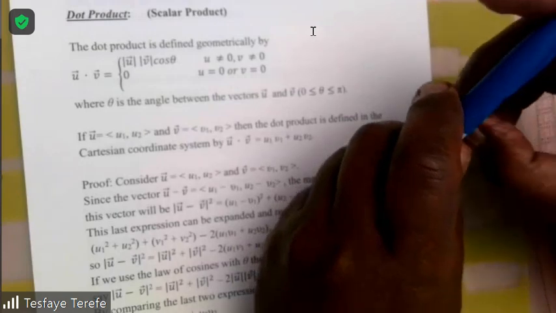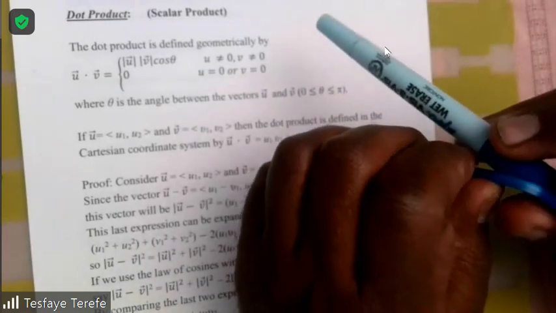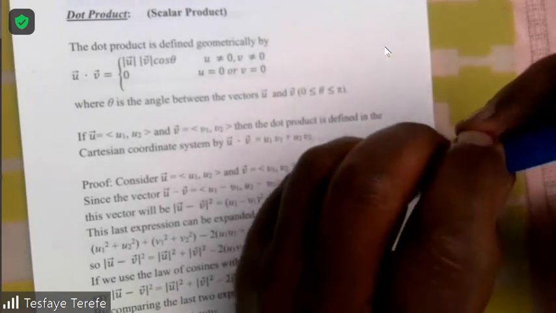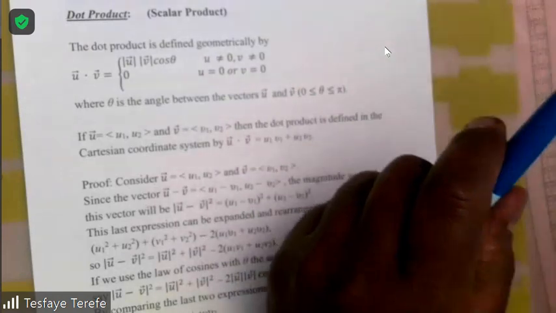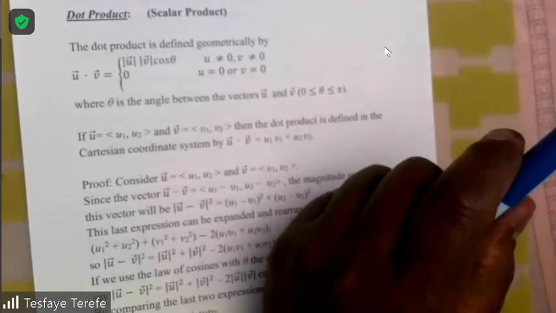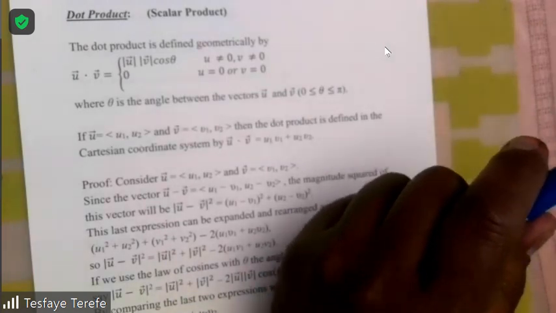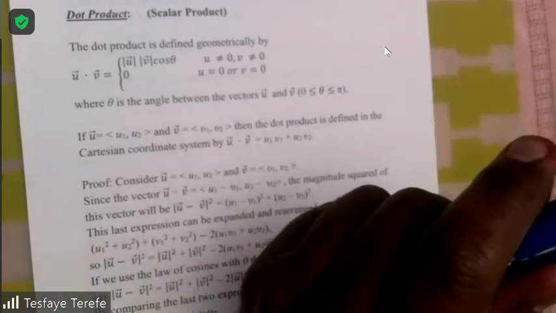It will be in the opposite direction if you are multiplying it by a negative scalar. And the vector is going to be longer than the original if the absolute value is greater than 1, and it will be less in magnitude when the absolute value is between 0 and 1.